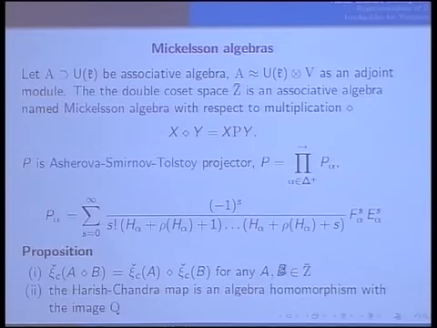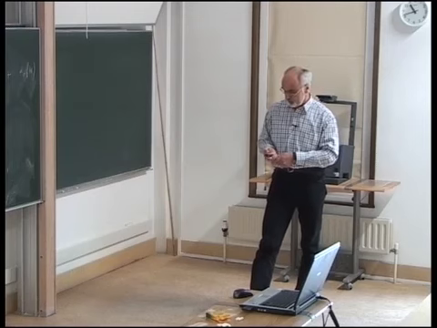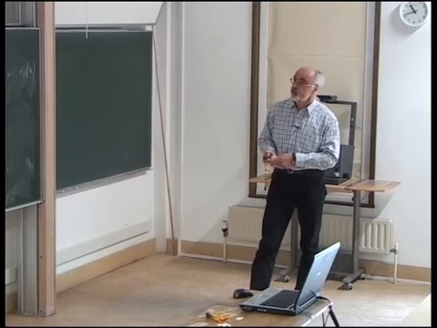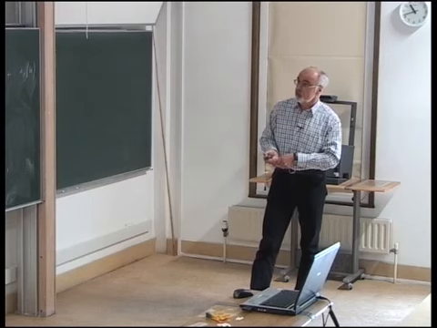So the statement now, additional to what I said before, is first that Zolobenko operators are automorphisms of the Mickelsson algebra. And second, that the Harish-Chandra map which was defined before is an algebra homomorphism from the centralizer algebra to the algebra Q, which was described above, this one. Now it is an algebra.